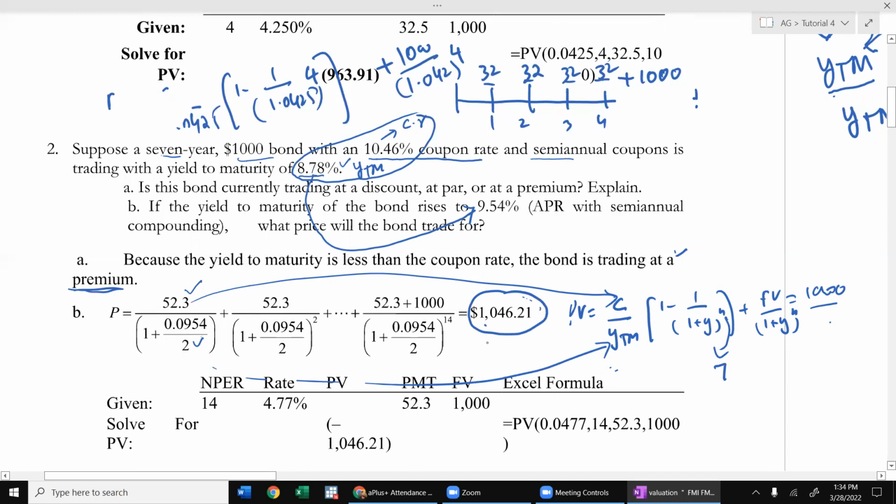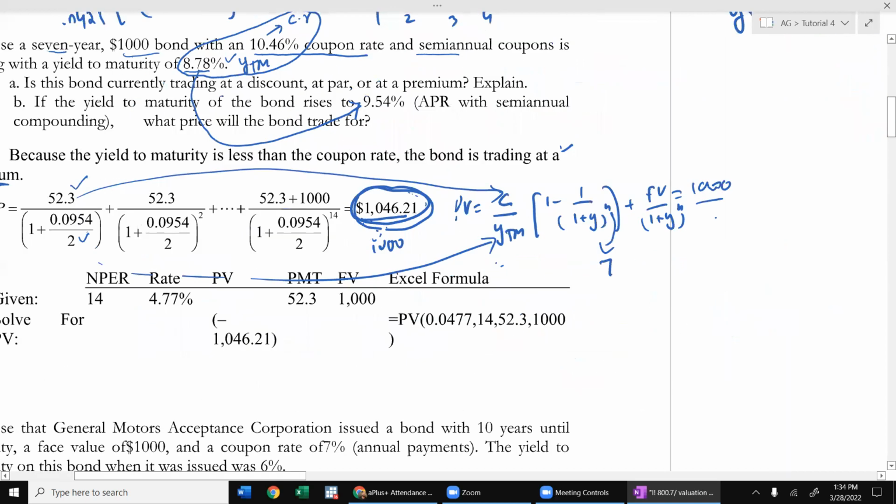As you can see, your face value is 1000 of this bond, but the market price is actually 1046.21. Okay, so this is the maximum that you are willing to pay for such a bond.